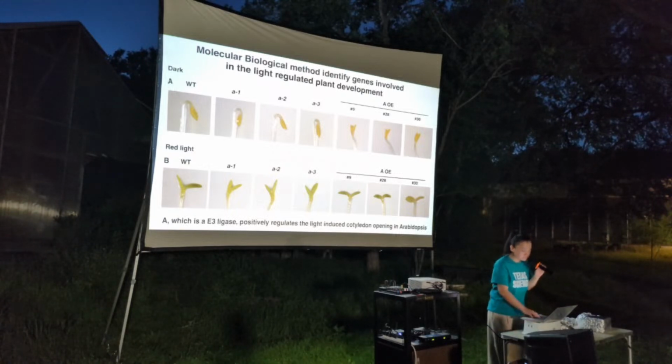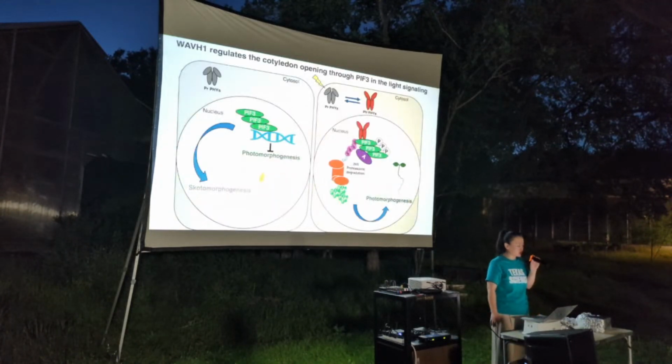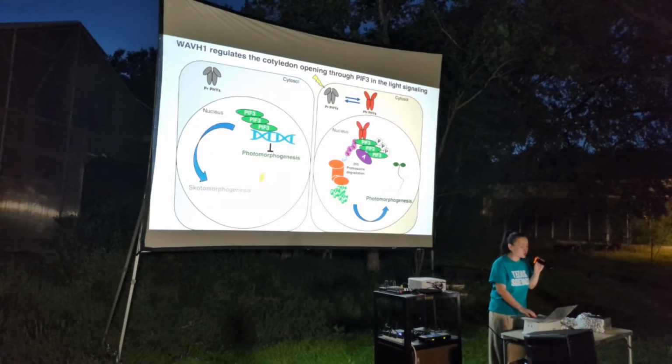Okay. So how does the A gene work in this pathway? We talked about the ubiquitination of those transcription factors, right? The ubiquitination will be recognized by proteases, and those proteases can degrade those transcription factors. Actually, the A gene is the enzyme which can ubiquitinate these transcription factors.